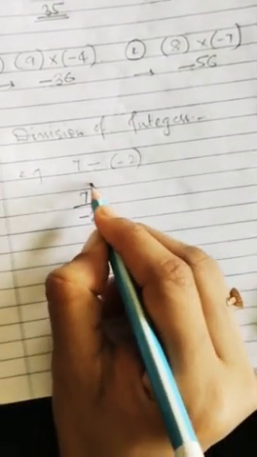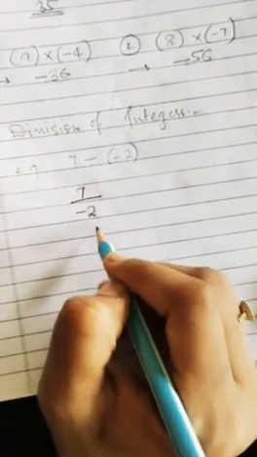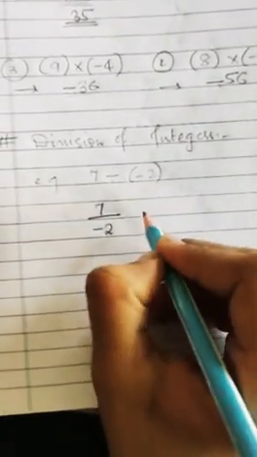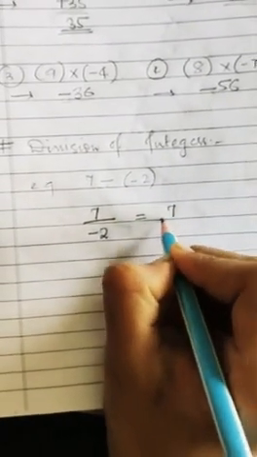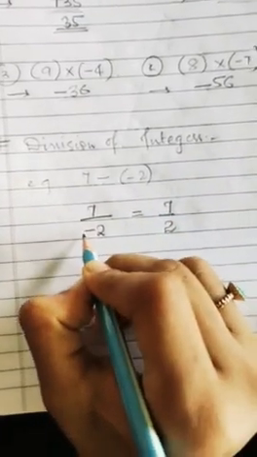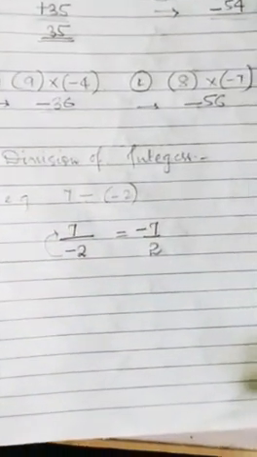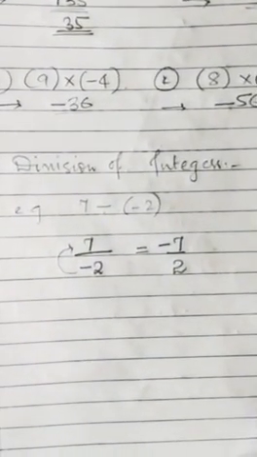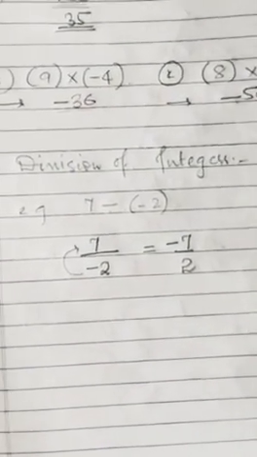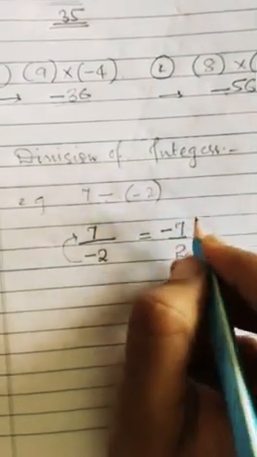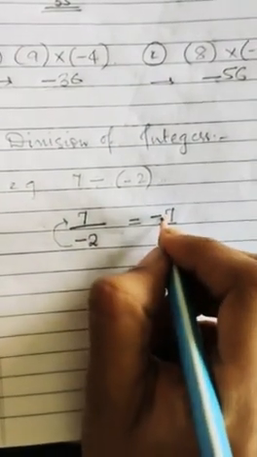When we divide a positive integer by a negative integer, our fraction will be 7 upon 2, and the minus sign will change its position and come in the numerator. That was in the denominator, and we have to put it in the numerator.